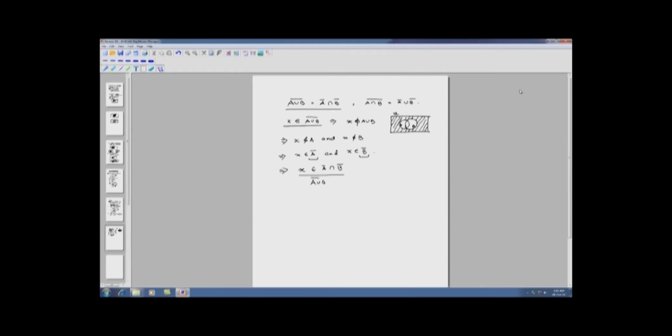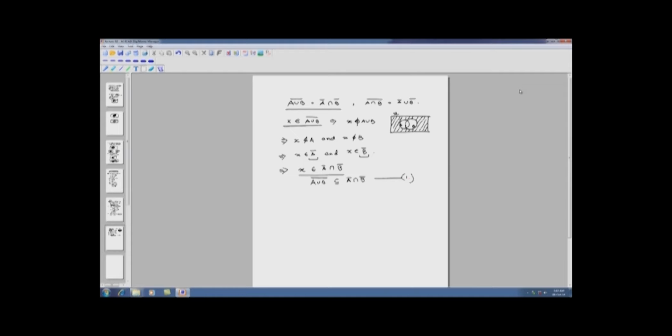Now, we have proved here that x belonging to (A union B) complement implies x belongs to A complement intersection B complement. Therefore, we can say that (A union B) complement is a subset of A complement intersection B complement. Let us write this as equation 1.